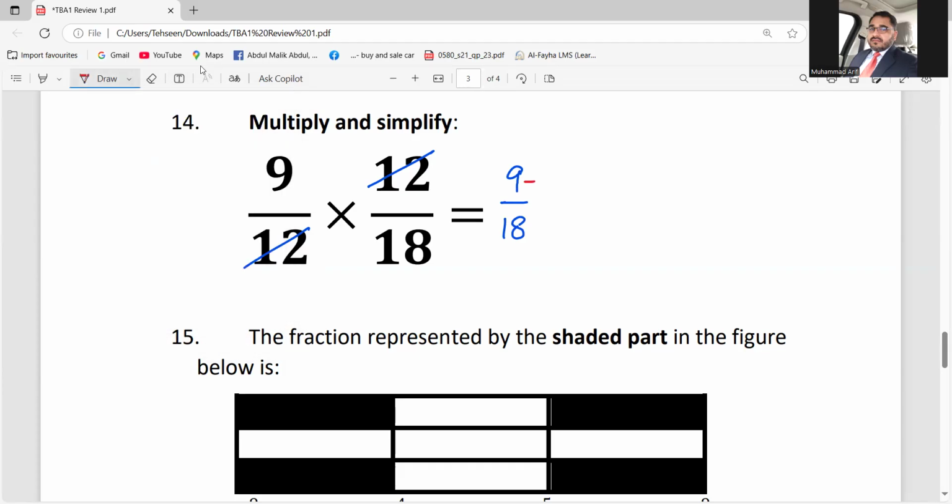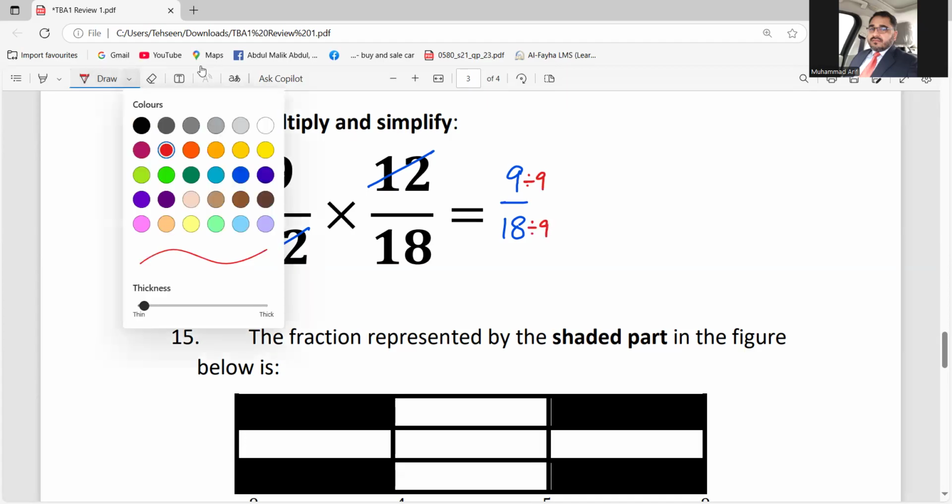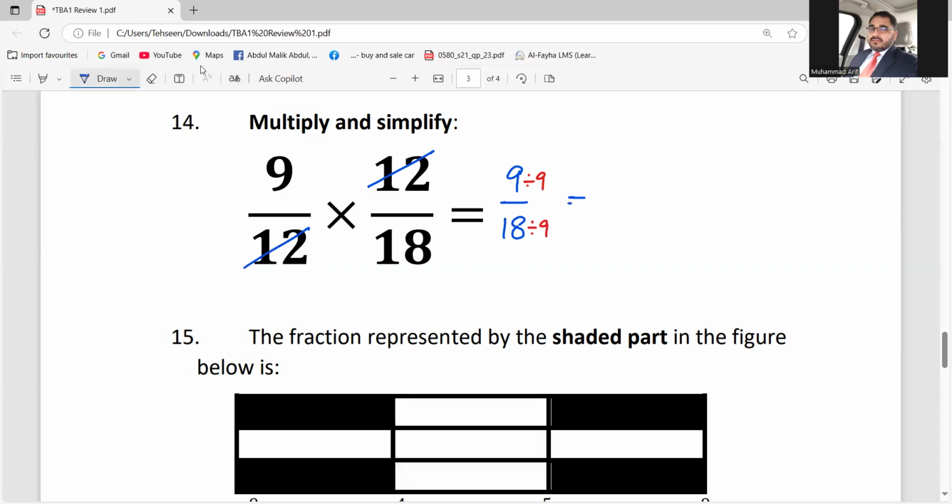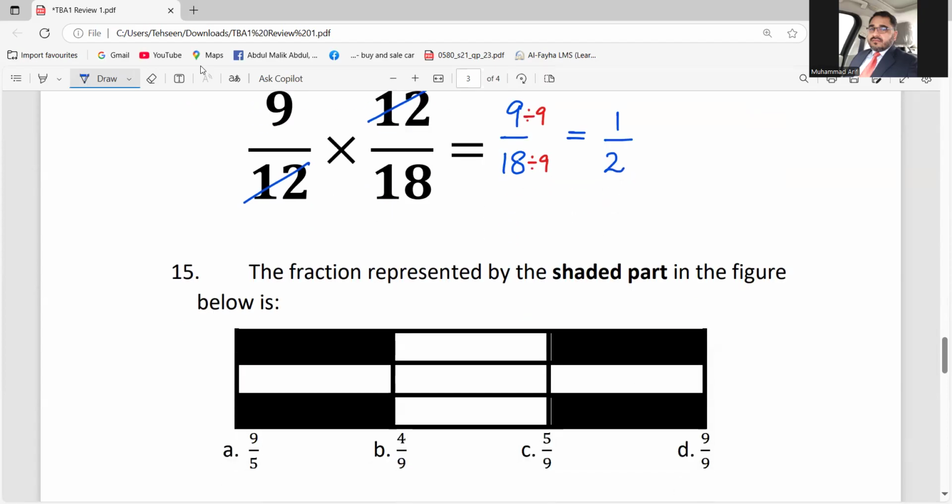You can divide 9 by 9, and 18 also by 9. Then 9 divided by 9 is 1, and 18 divided by 9 is 2. The answer is 1 by 2, half.